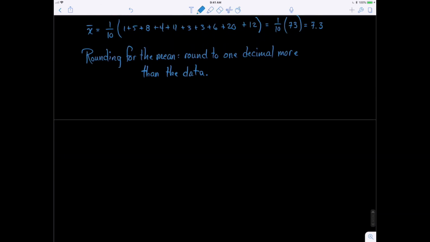We're going to find the mean of the following set. Here we go, we have 1, 2, 3, 1, 4, 5, 0.